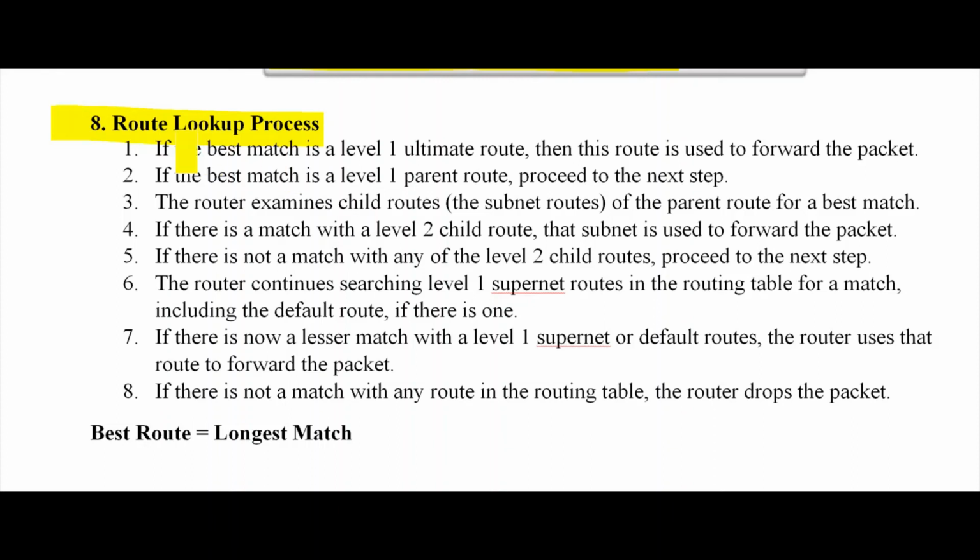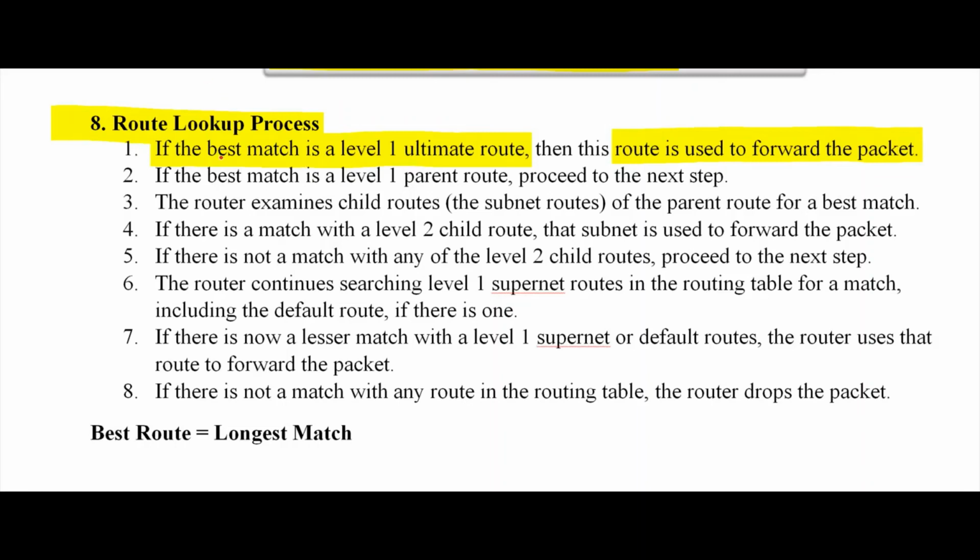Now, if the best match is a level 1 ultimate route, then the router will forward the packet. Give more importance to the ultimate routes. We discussed what an ultimate route is: a collection of directly connected, remote, or link local routes.